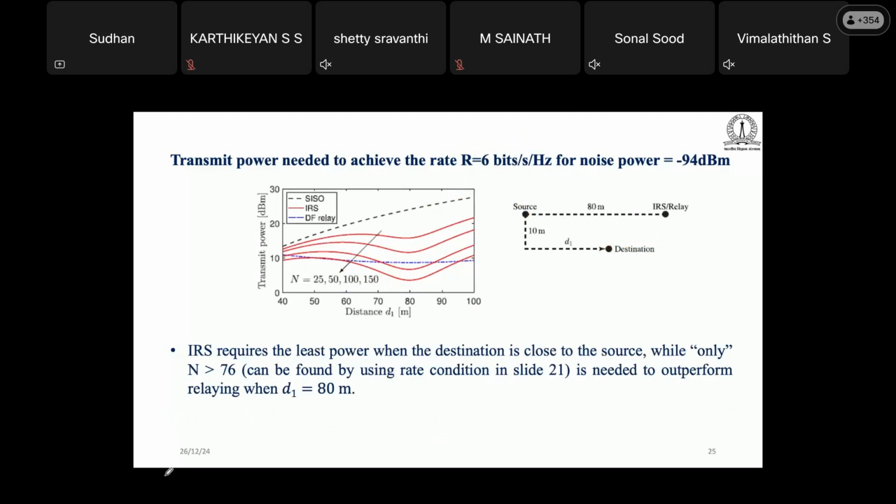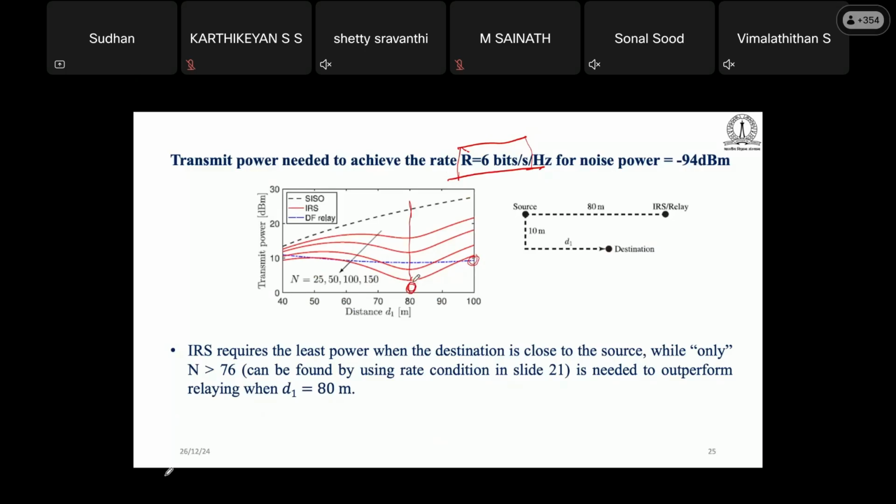And this is another study to achieve 6 bits per second per hertz. So to achieve this, we need to transmit. Now the relay, you see the relay also needs to increase the power. But as I said, this is a kind of optimal.